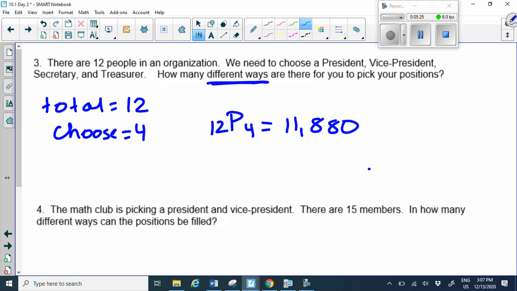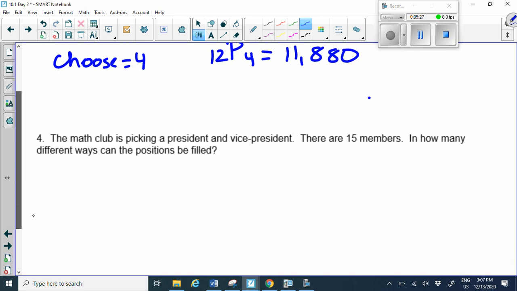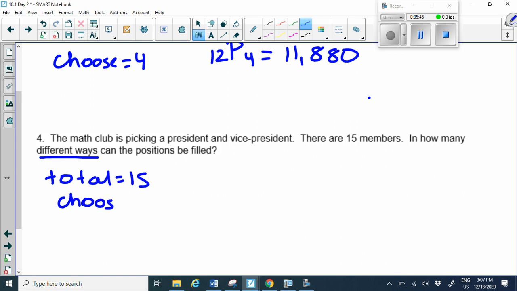Okay, let's go and do number 4. It says the math club is picking a president and vice president. There are 15 members, and how many different ways can the positions be filled? So once again, we're going to use permutation here. So notice we have 15 total, and we want to choose 2 officers because this is just president and vice president.